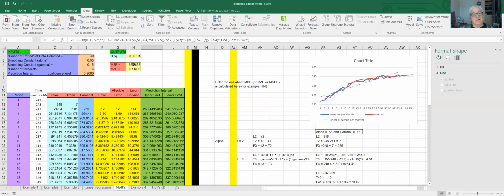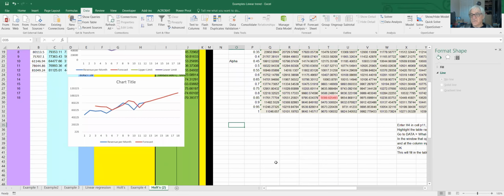And I look at the MSE of the regression that was 225, and say that this model is so much more accurate than the other one that I will take these results more seriously than the other ones. So this is the review on the Holt's method. I will stop here. I'll stop sharing, and I want to see if you have any questions before we go to the inventory.